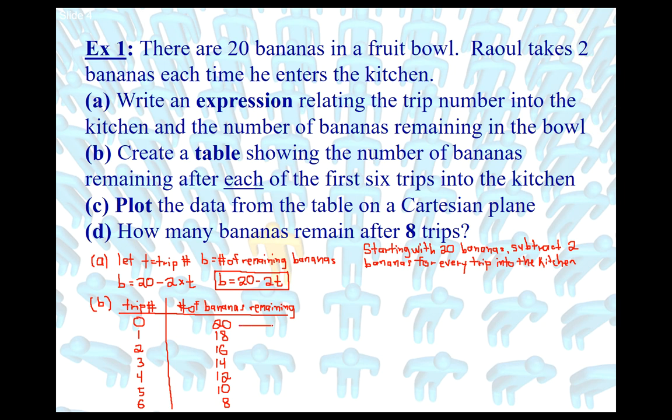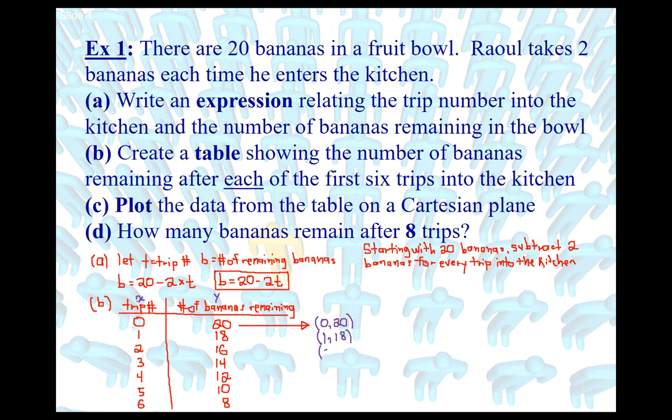To form an ordered pair, I'm going to treat the trip number as my x coordinate, and the number of bananas is going to be your y coordinate. Therefore, your first ordered pair would be 0, 20. The second one would be 1, 18.